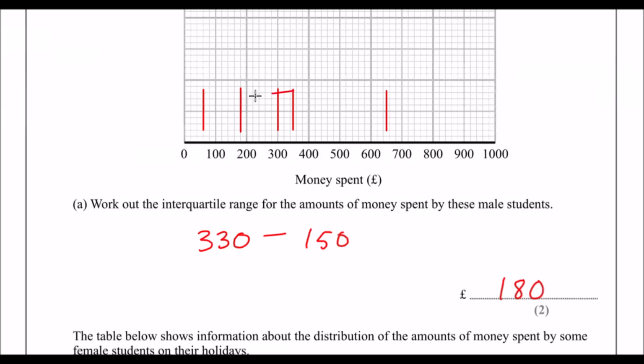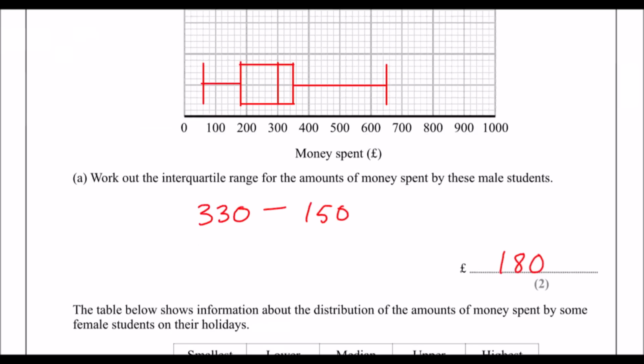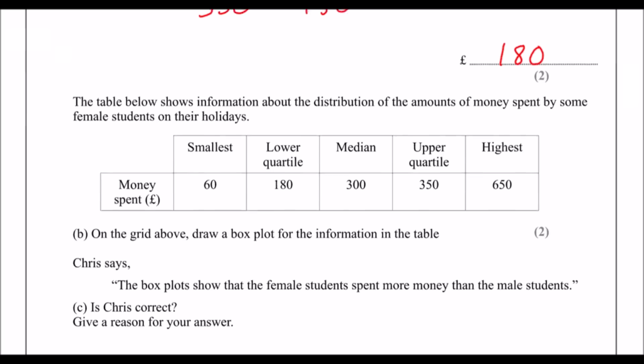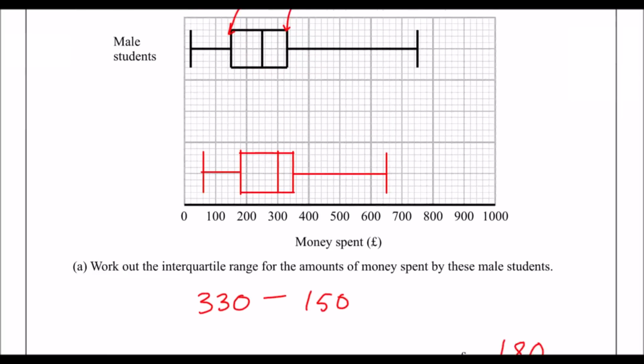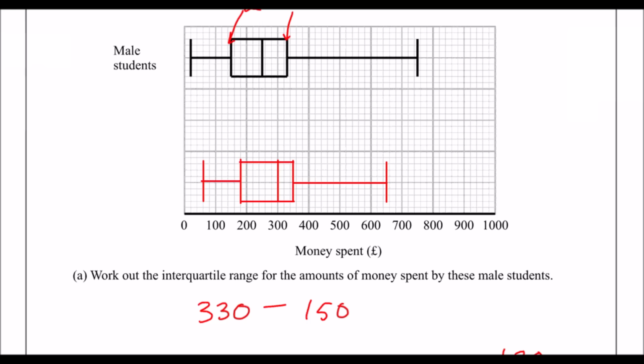So we do a box around the lower quartile, median, upper quartile, and lines out to the highest and the lowest amount. So there is our box plot, and we can label it as well, female students.